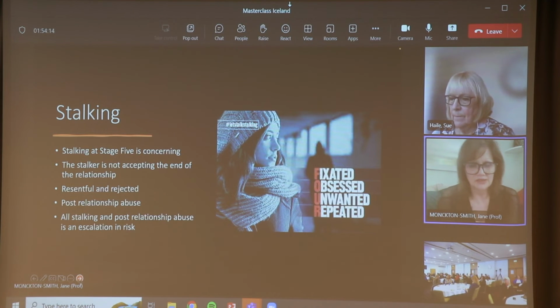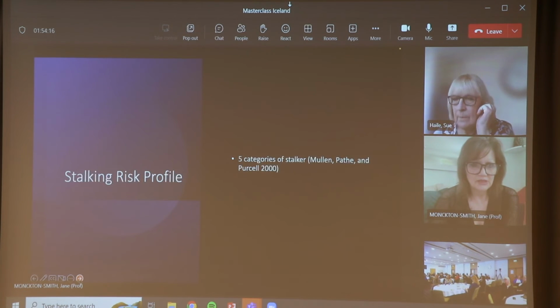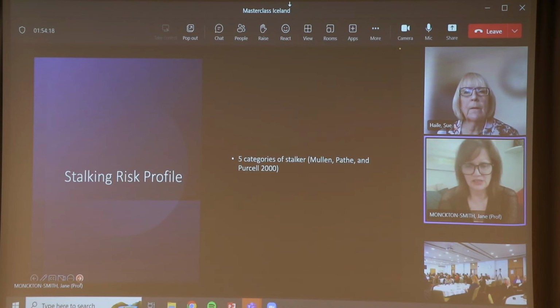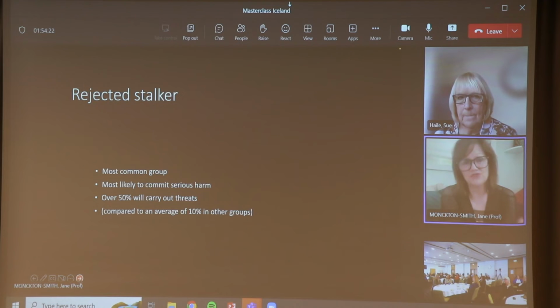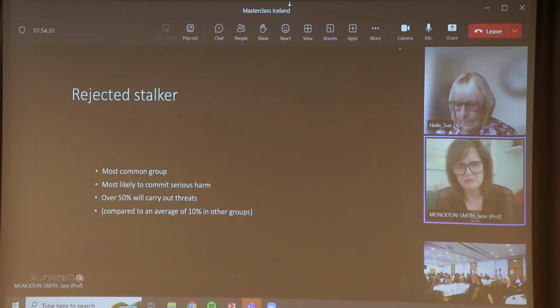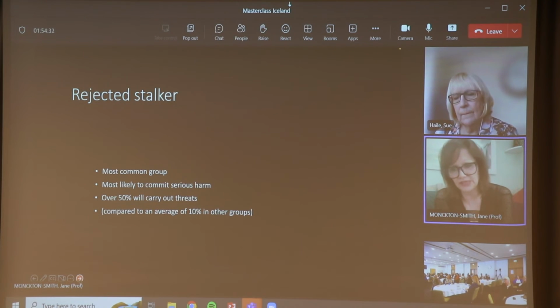Just bringing up some key things about the rejected stalker category. They are the most common group of stalker that there is, making up over 50% of stalkers. They are also the most likely to commit serious harm against their victim.